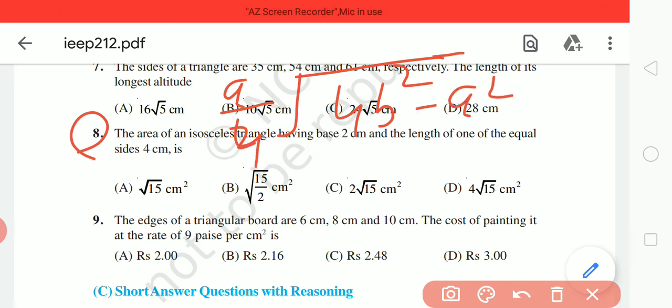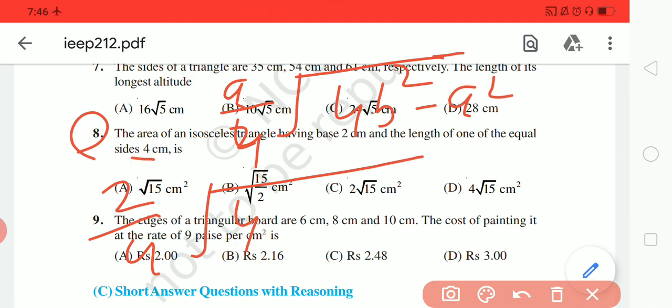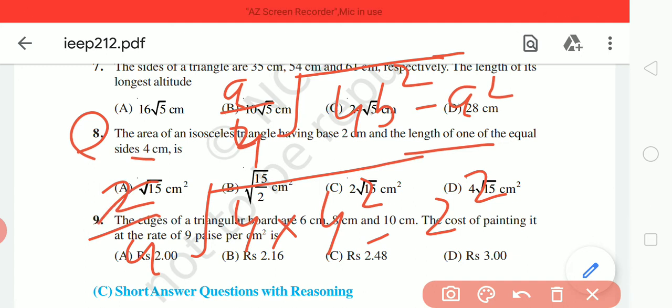So a is the length of the base, that is 2 by 4 under root 4 into b square, b being the length of the equal side, that is 4 square, minus a square, that is 2 square. So let us solve this one. You have 2 ones are 2, 2 twos are 4, so 1 by 2.